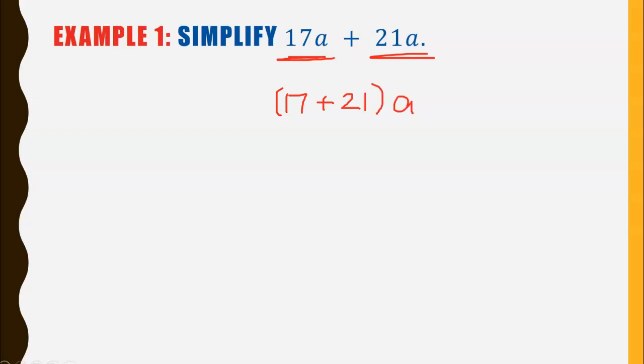So again, you can see that distributive property. So you get 38A. Okay?